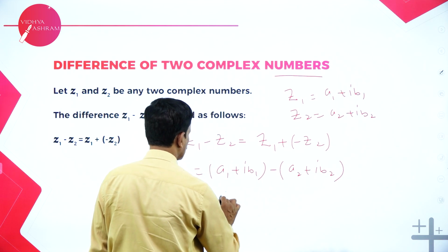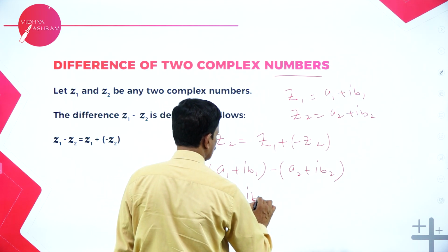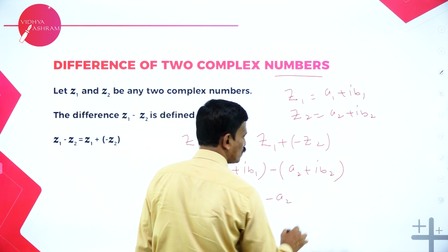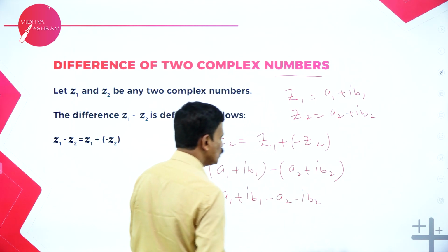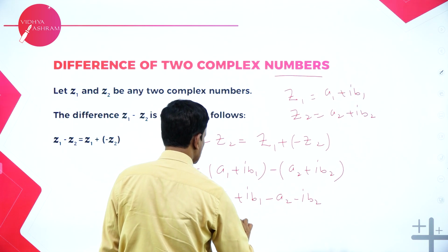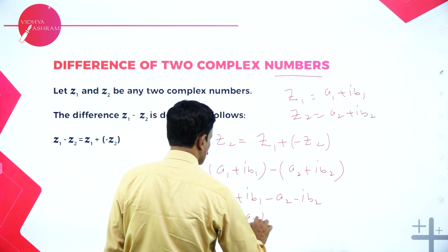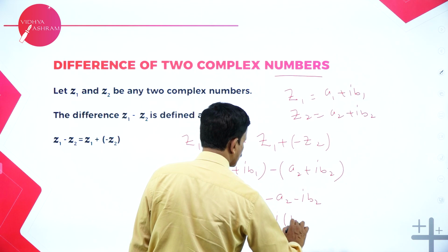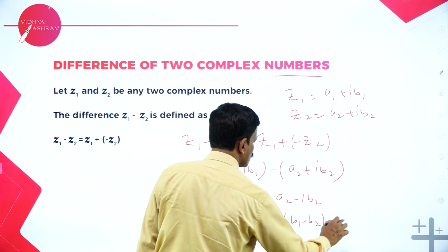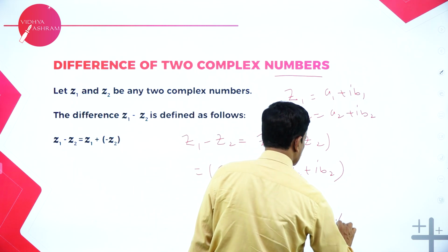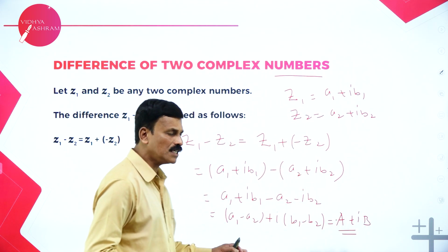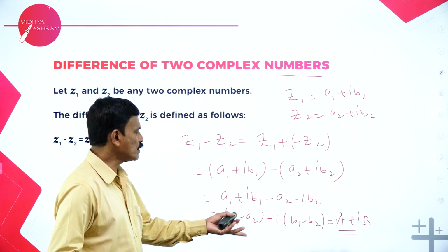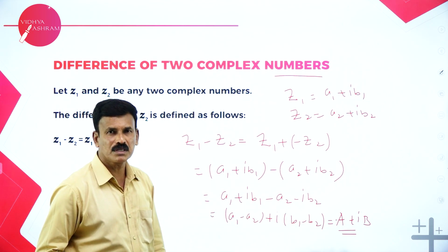Now this can be written as A1 plus i into B1, minus A2, minus i into B2. Now combine the real parts, A1 minus A2, plus i as a common factor, B1 minus B2. So this is again of the form A plus i into B. The real part is A1 minus A2 and the imaginary part is B1 minus B2.